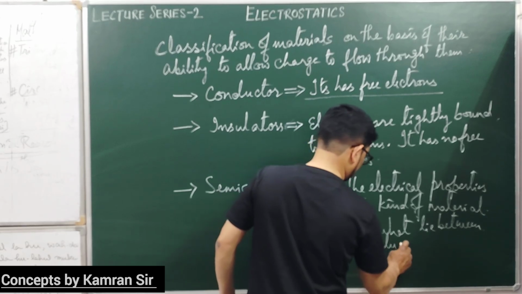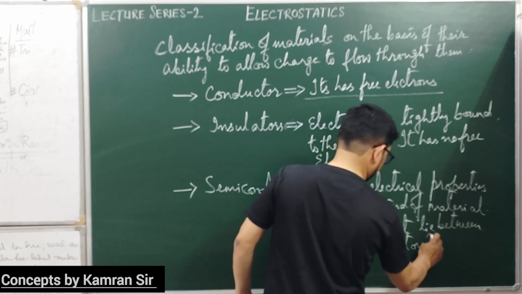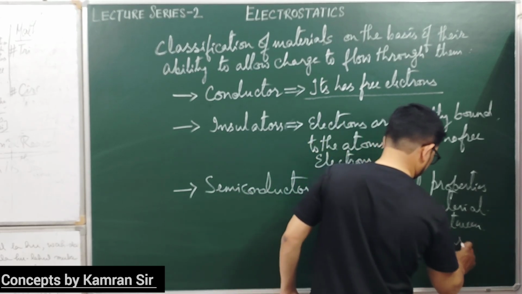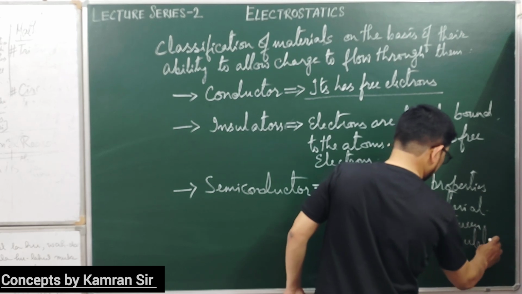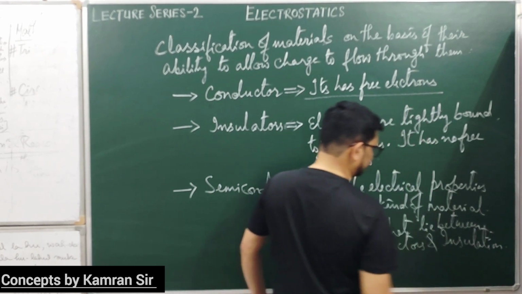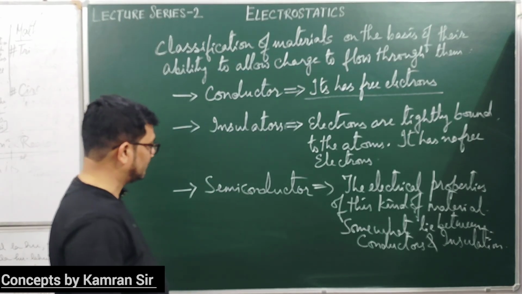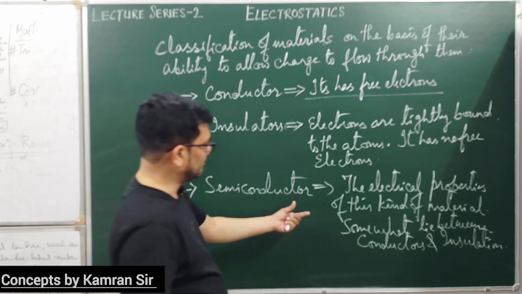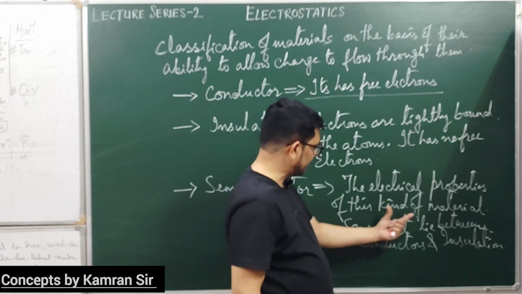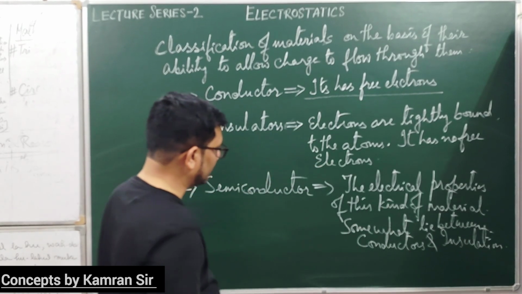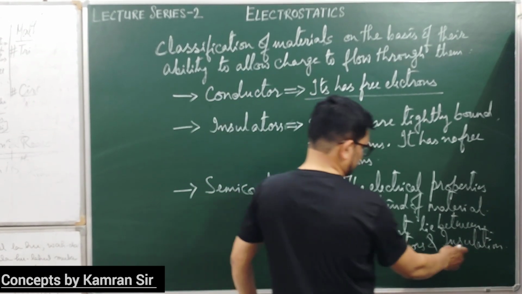So it lies between conductors and insulators. As we move ahead with our chapters, we'll come to study more about semiconductors later on. So we just need to remember at this stage that the electrical properties are somewhat in between conductors and insulators.